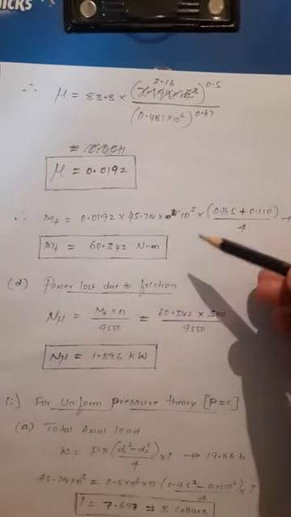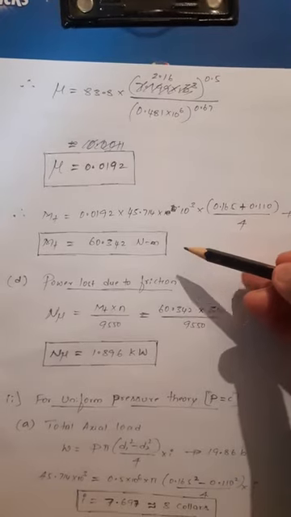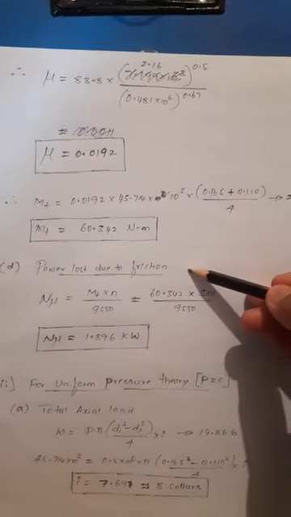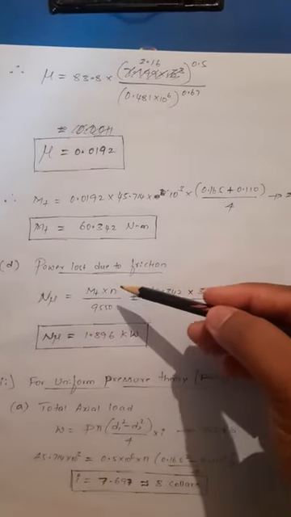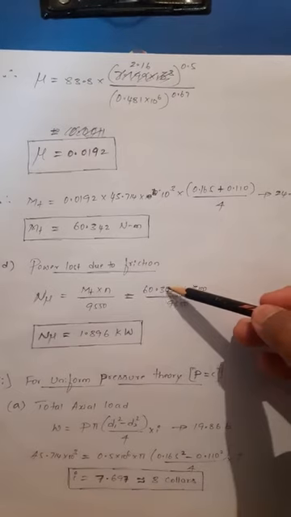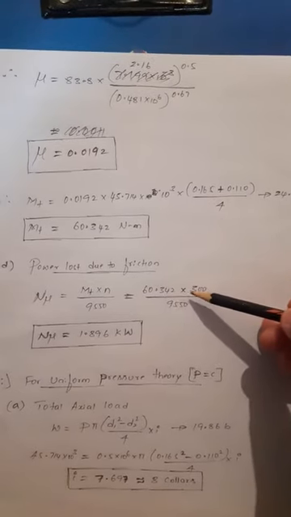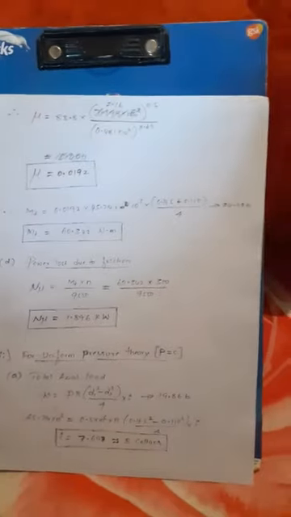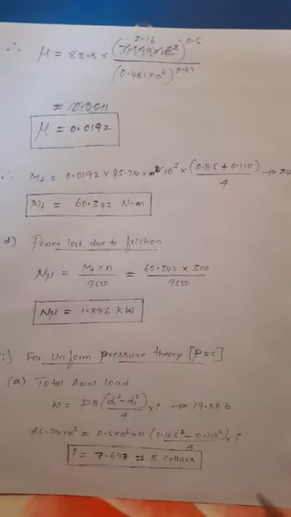Then back substitute into the equation: Mt is equal to 60.342 Newton meter. Then the power loss due to friction is, you know the formula, Mt N divided by 9550. Substitute the frictional torque and the speed, and you'll get the power loss due to friction as 1.897 kilowatt.